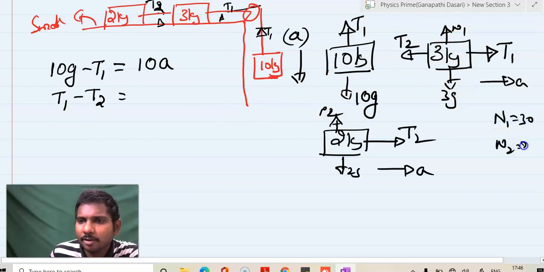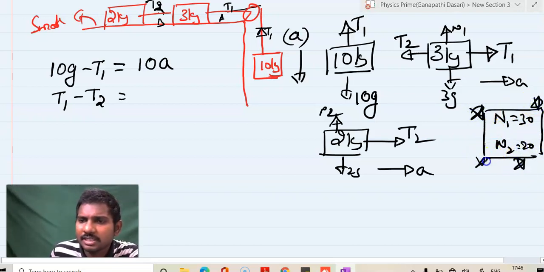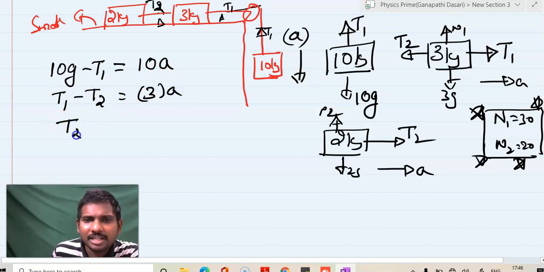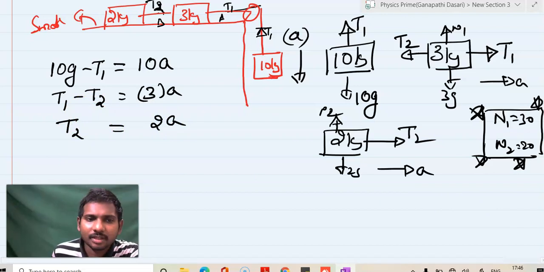Here N2 should be equal to 20 newtons. But it is not required in this question. But for drawing the free body diagram, I drew these things. So T1 minus T2 in the direction of motion should be equal to 3 into acceleration A. And the net force on the 2 kg block is tension T2, that is equal to 2 into A.